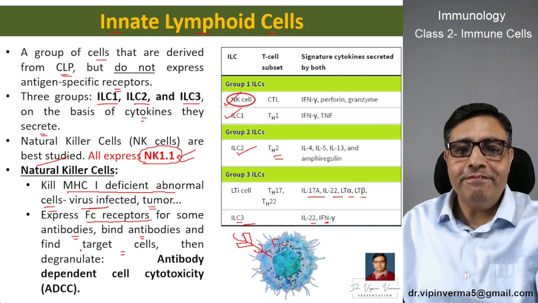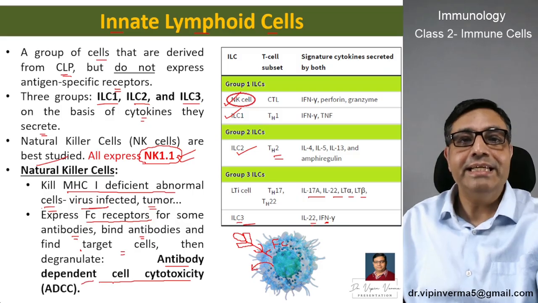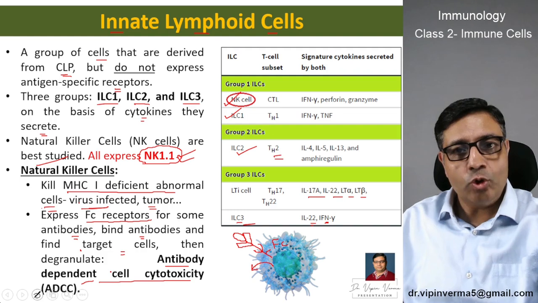Whenever they find the antigen, it will be bound here, and it will cause some conformational changes. Then they will degranulate the content, because natural killer cells have granules. They will degranulate and kill the cells, and this is known as antibody dependent cell cytotoxicity, or in short ADCC.